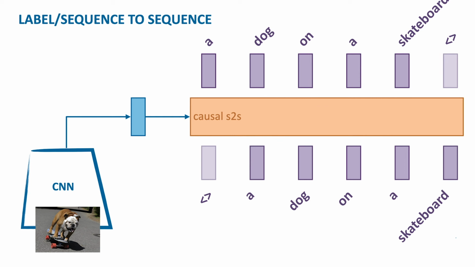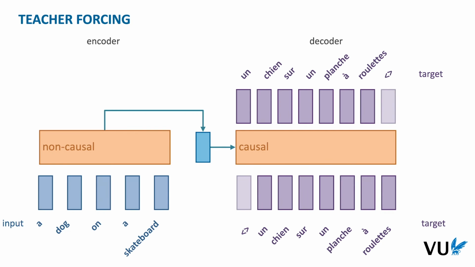We can also apply this principle in settings where we have a sequence-to-sequence task. This is called teacher forcing, and it's often used in machine translation models. So here we have an input, which is an English sentence, and an output, which is a French sentence. Our model consists of two parts, an encoder and a decoder.